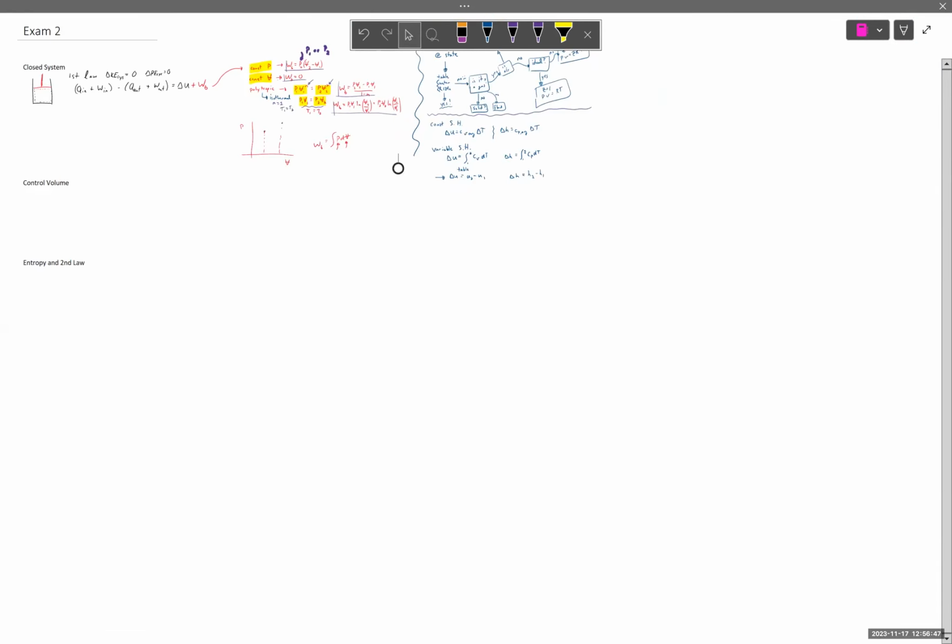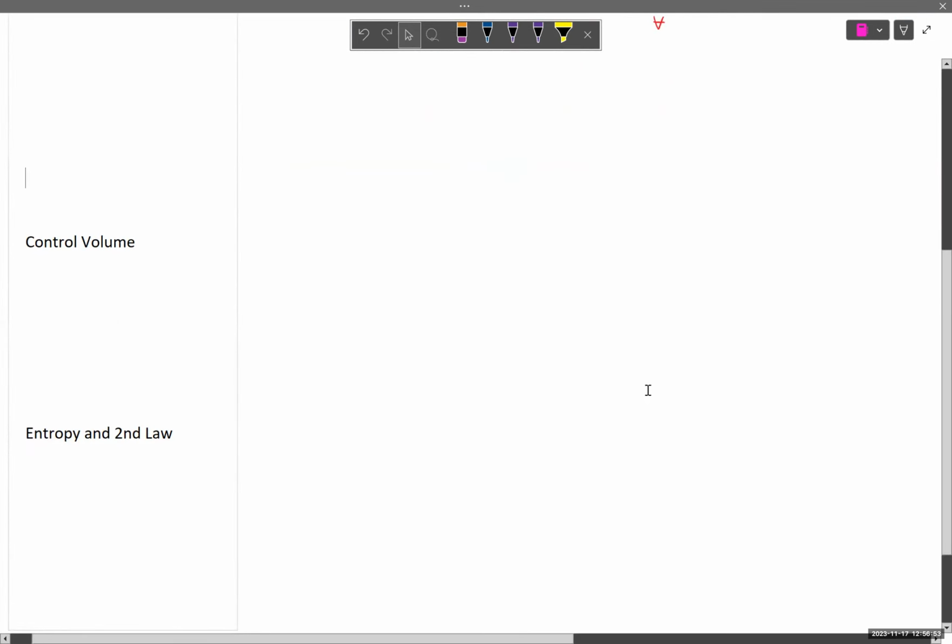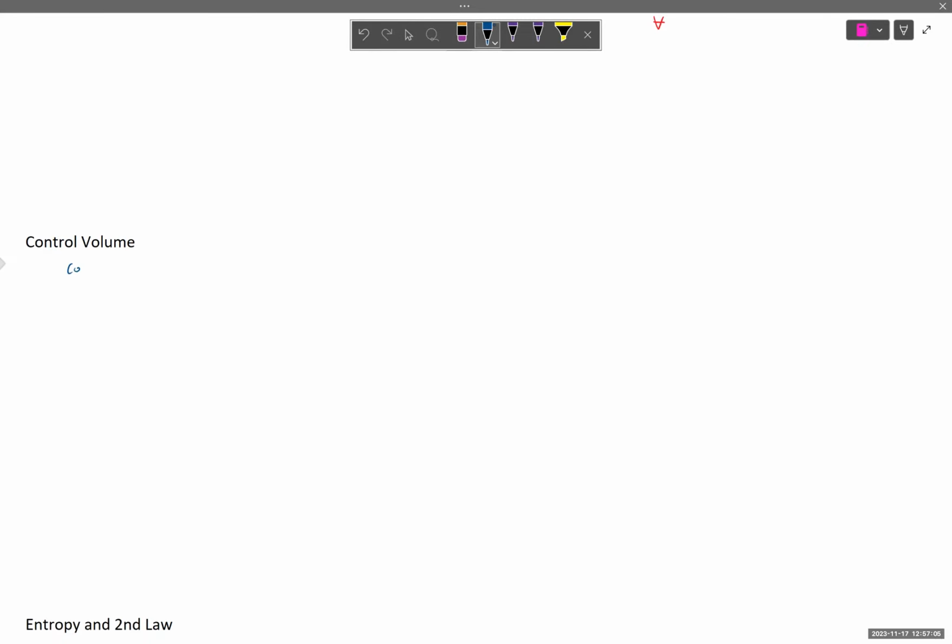Now, let's talk about our good friend control volumes. Zoom out here, zoom back in. So one of the big things in control volumes that we added was the idea of conservation of mass. And so we said, really, what that meant was mass in minus mass out equals our mass that gets stored in our control volume.